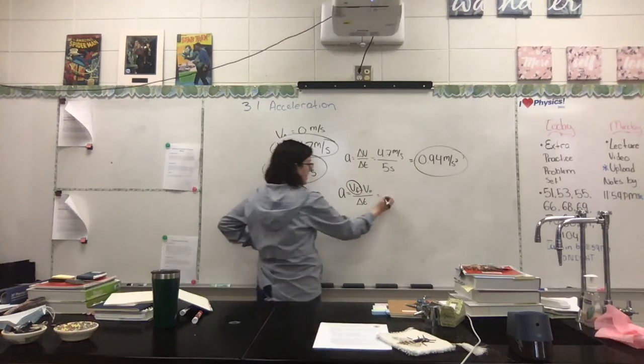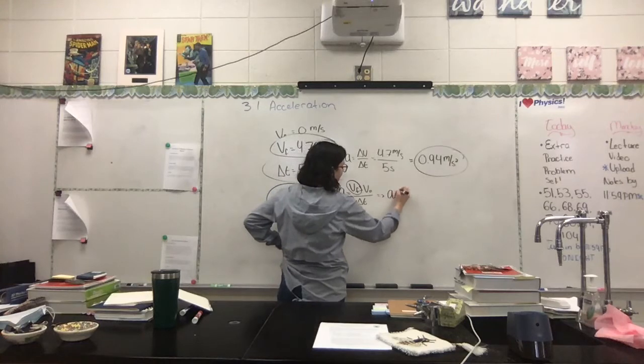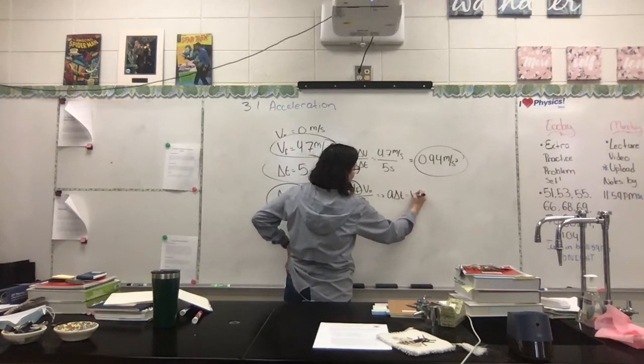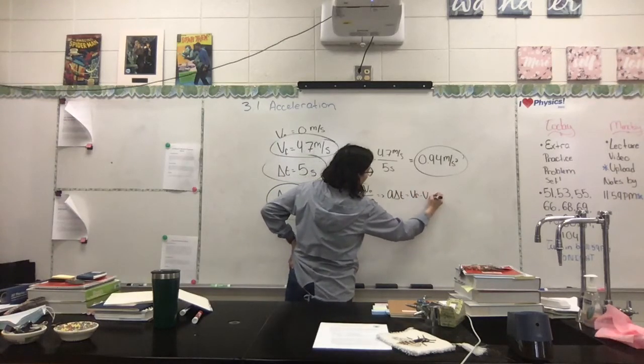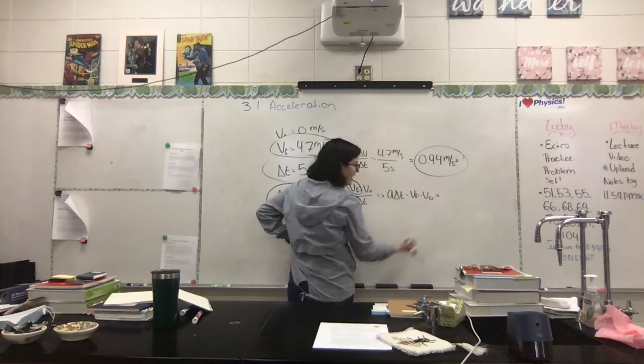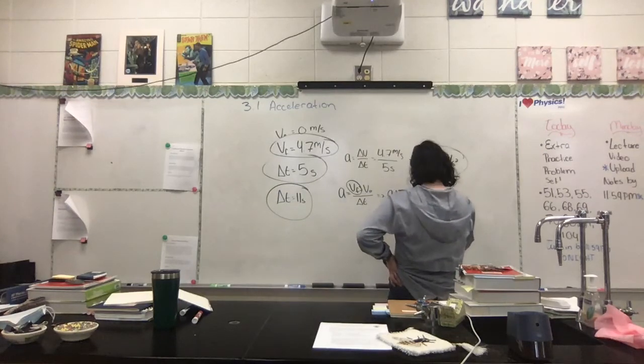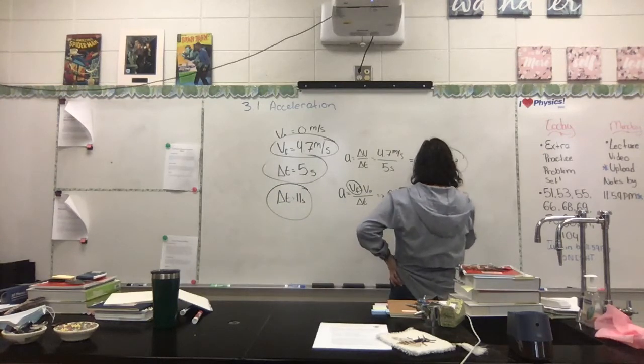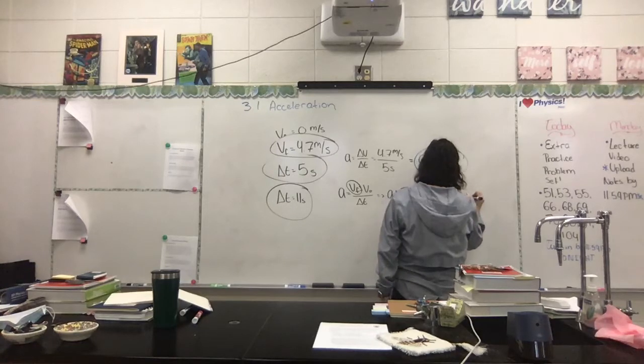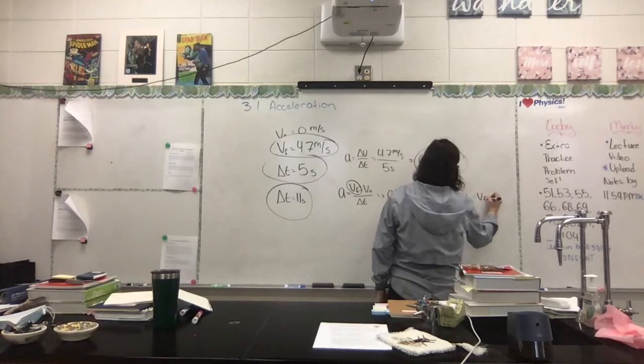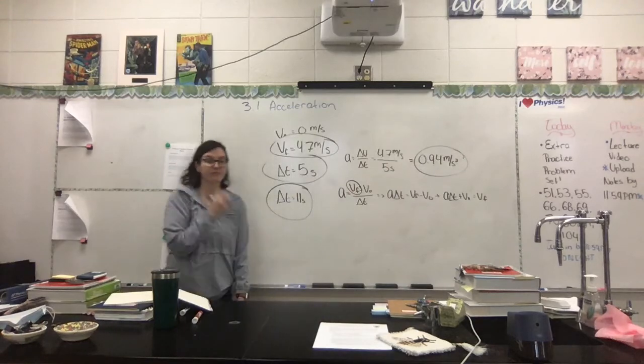So we're going to rearrange it. We're going to have A delta T is equal to VF minus V naught, which then will become A delta T plus V naught equals V final, all right?